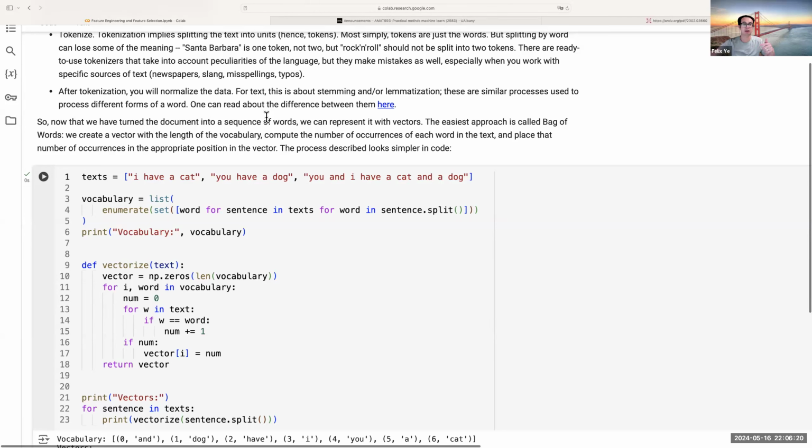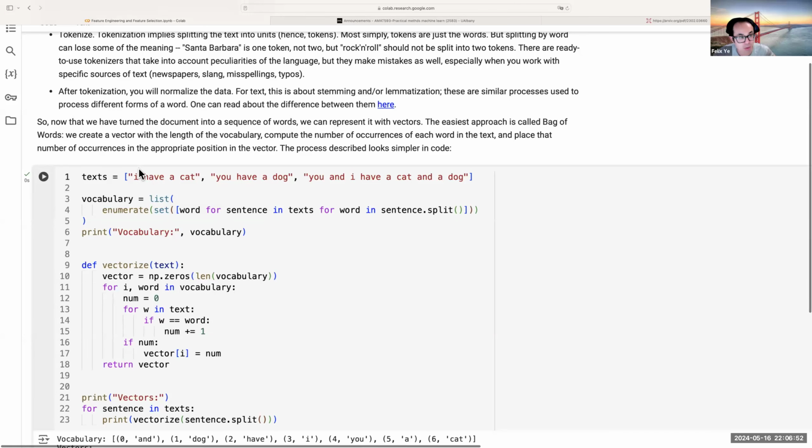We create a vector of the length of the vocabulary, which could be super long, and compute the number of occurrences of each word in the text. I only care about the frequencies, and I place the number of occurrences in the right positions of the vector, so you can see gigantic vectors.